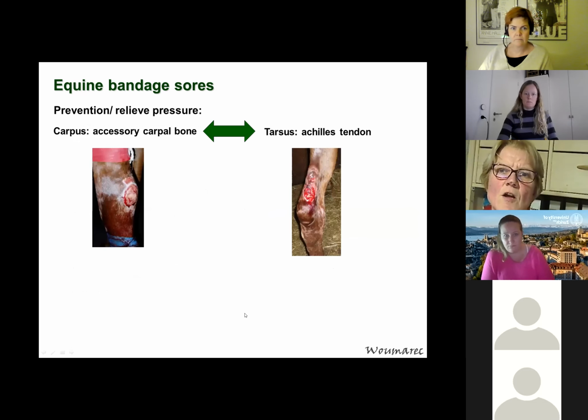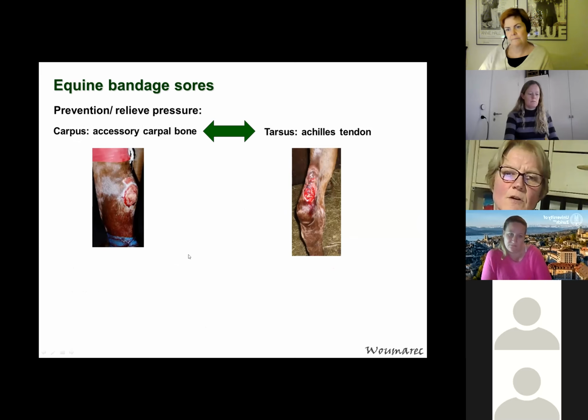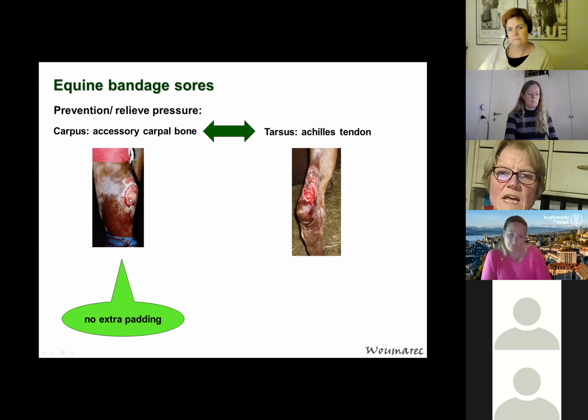So in the prevention or relief of pressure, there is a principal difference between the carpus and the tarsus. So the sores on the accessory carpal bone and on the Achilles tendon. Because of the shape of this bone and the extension of this bone, we cannot use extra padding on this side.